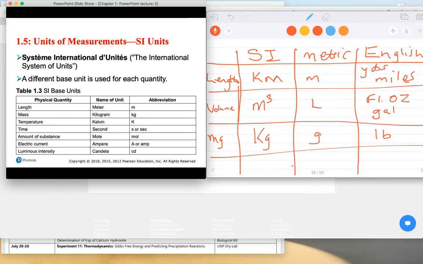I've given you examples of physical quantity: length, abbreviated meter; mass, kilogram. I made a mistake. In SI for length, they use meter too. Mass, kilogram; temperature, Kelvin; time, second.